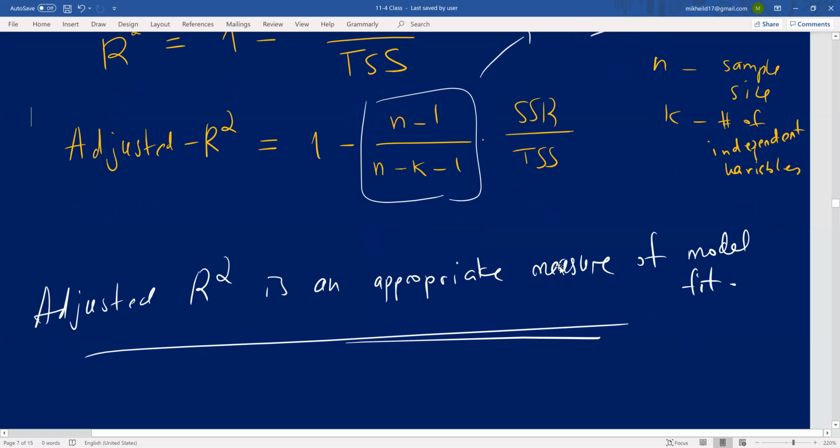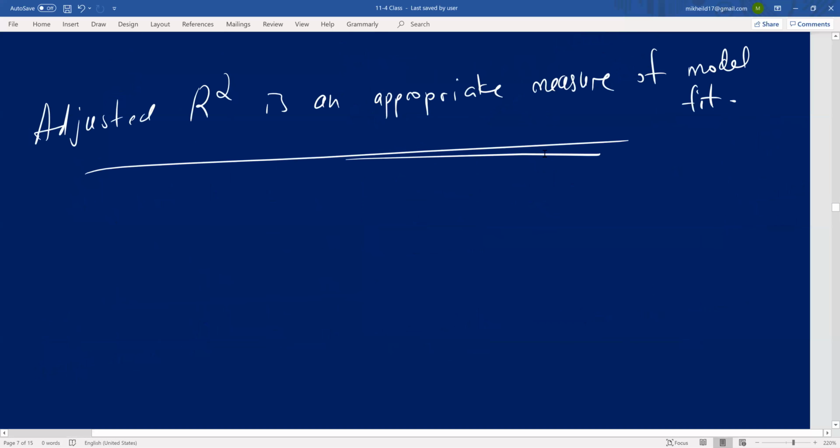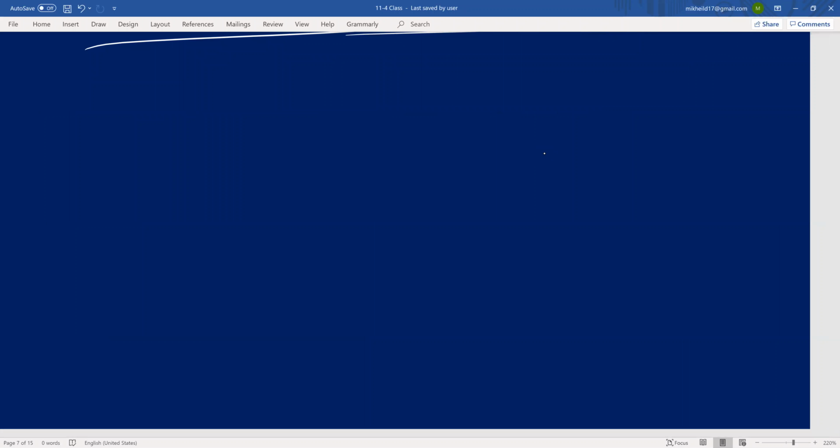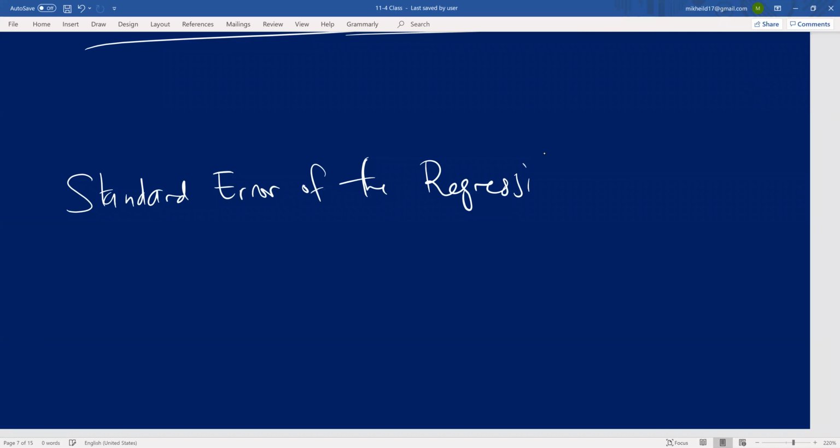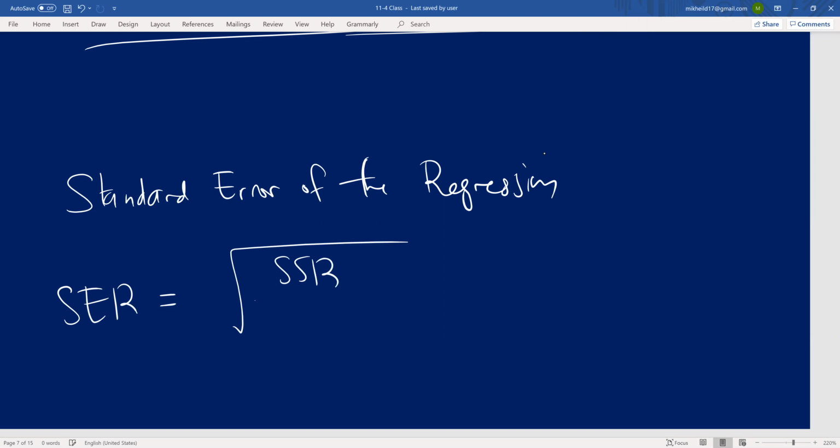Now the last measure of fit here is the standard error of the regression, and I will give you the formula for that for the multivariate model. That is... do you remember what was our ACR?